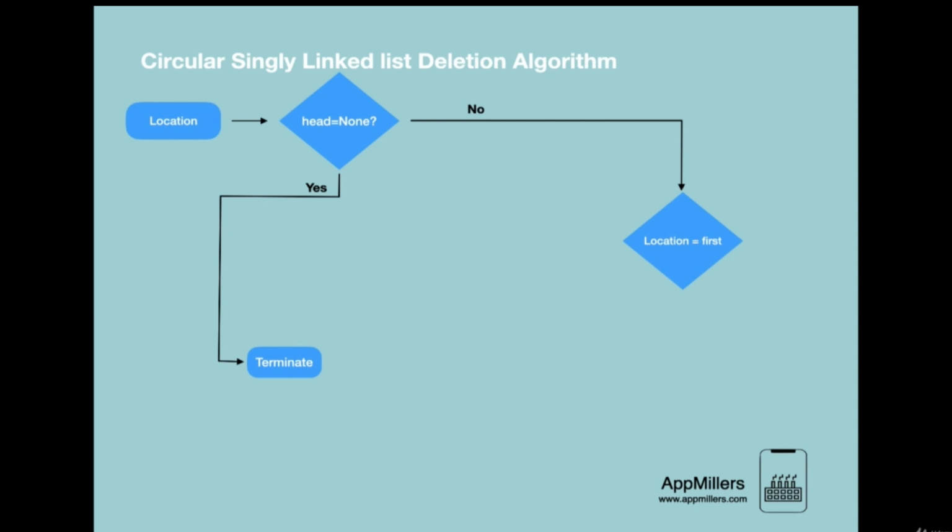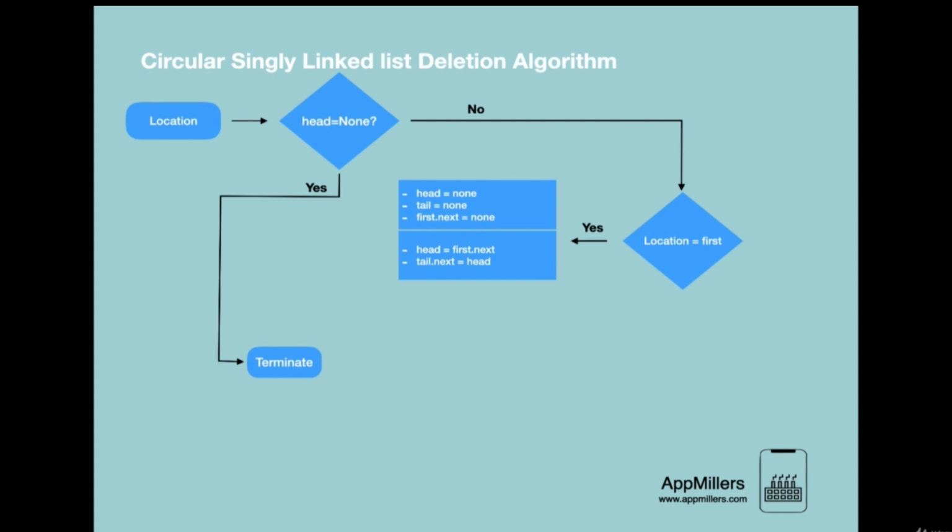So the next step over here, we are checking the location parameter. If the location parameter equals first, it means that we are deleting a node from the beginning of the circular single linked list. Now in this case, we have two cases. The first case is if we have only one node in our circular single linked list.